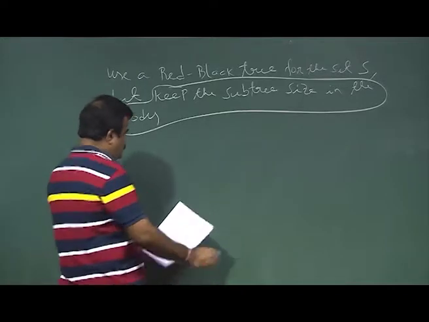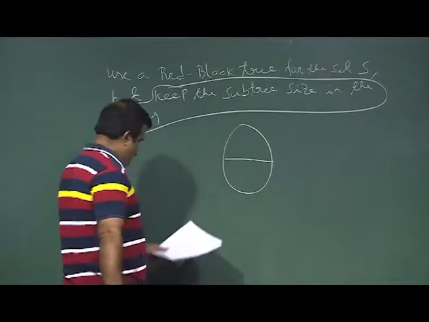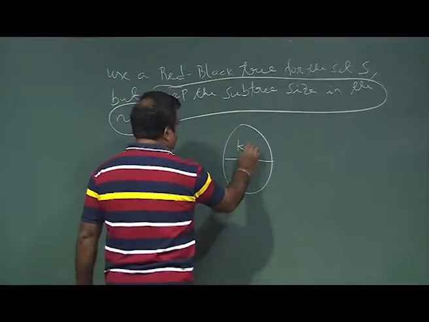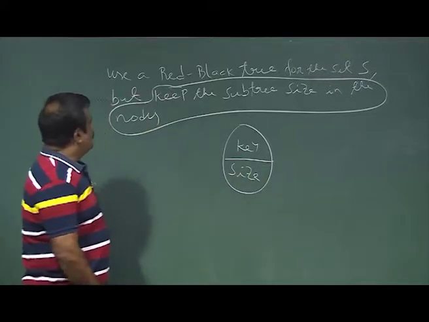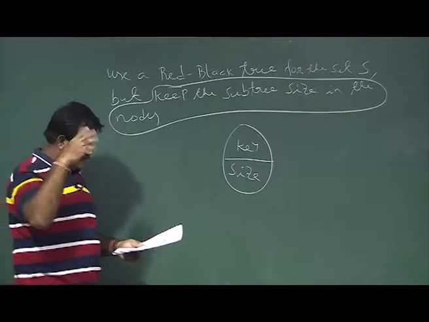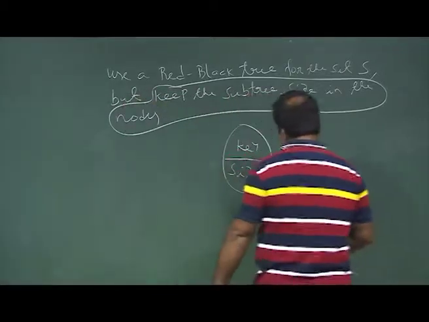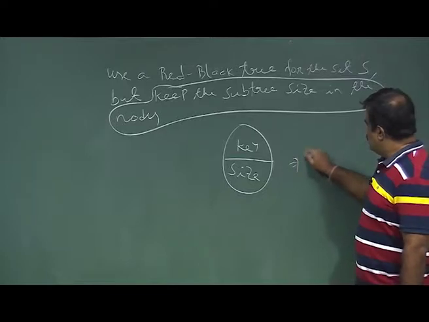Okay, so that means each node has this field, this is the key, and this is the size of the subtree rooted at that node, and this is called augmentation.